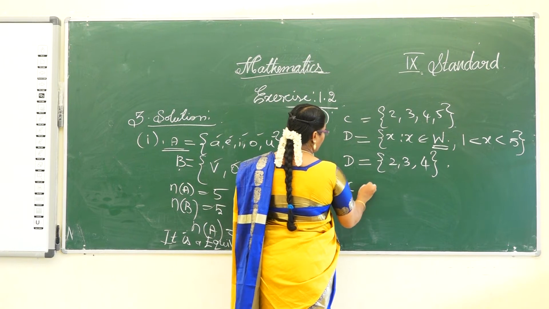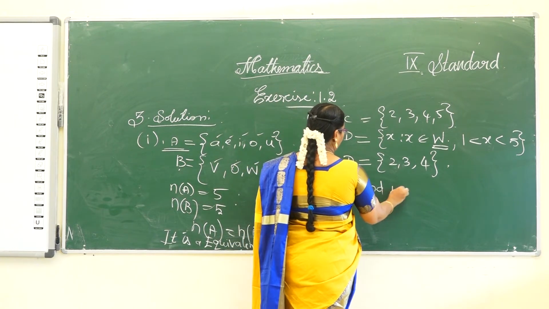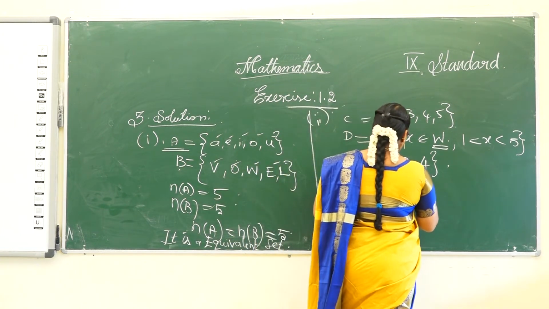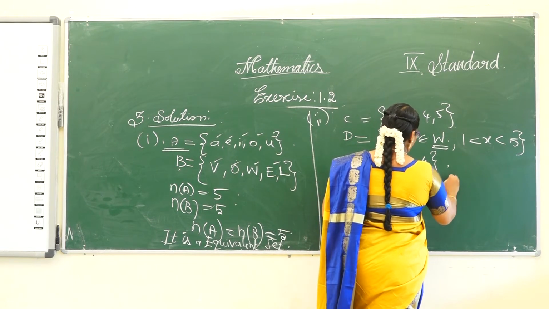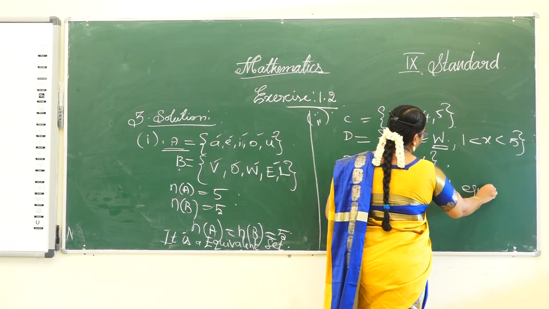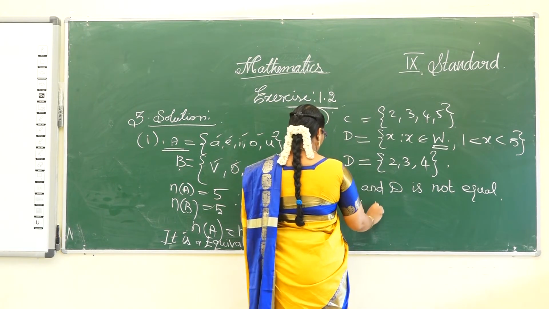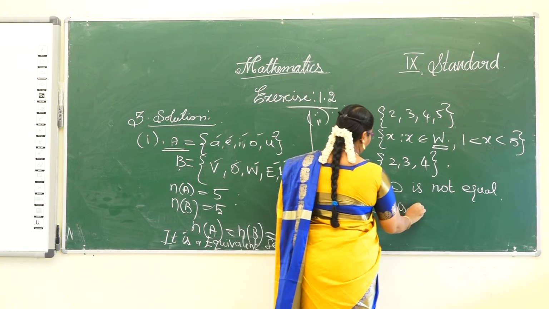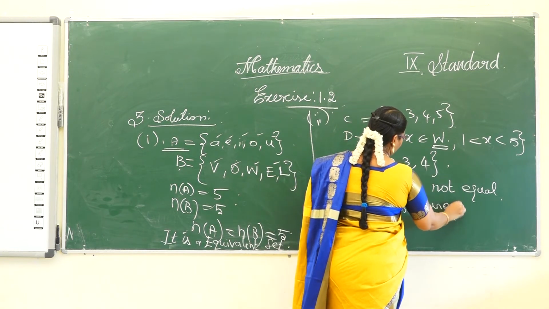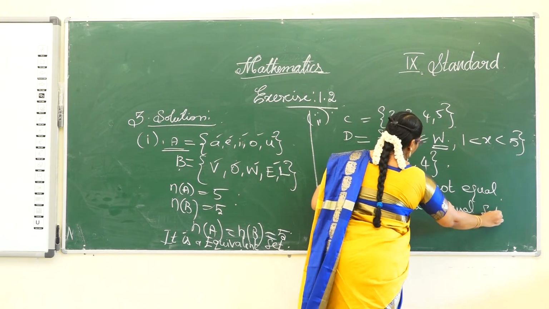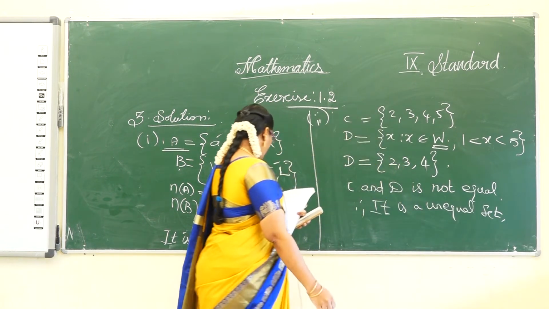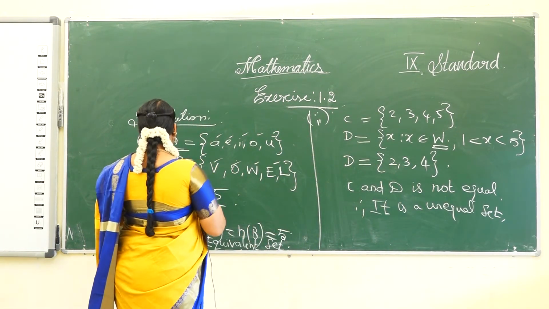Sets C and D are not equal, therefore it is an unequal set, okay.